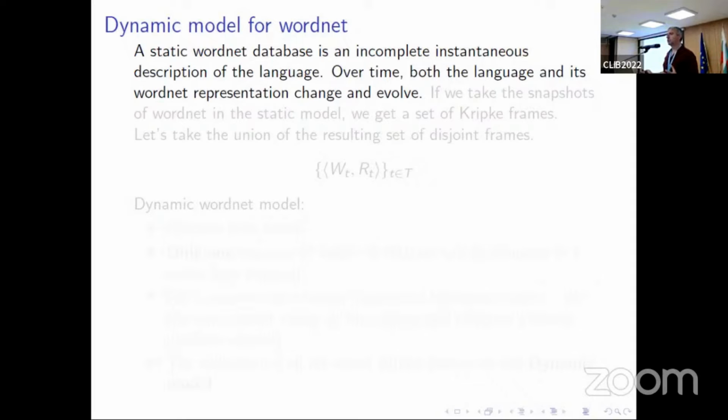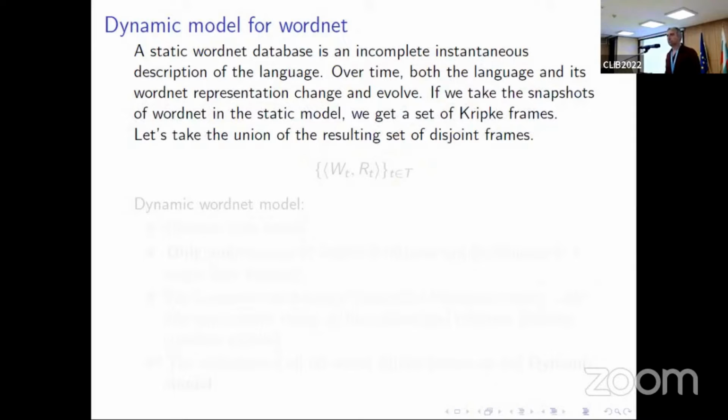Over time, both the language and the Wordnet for a particular language are evolving. This means that for any moment of time, we have some different state of the Wordnet database. And if we take a snapshot of the Wordnet, of these static models, in every moment, we will receive, let's say, a list of Kripke frames in the way that I described these static models.